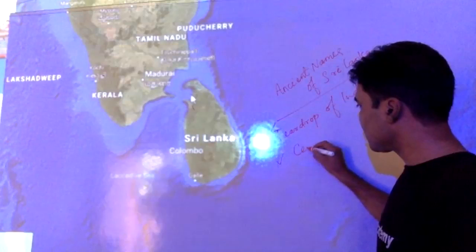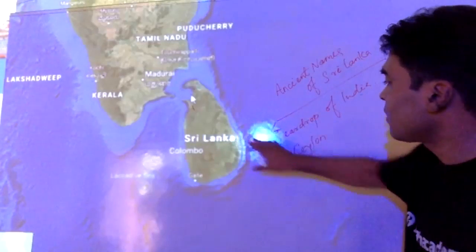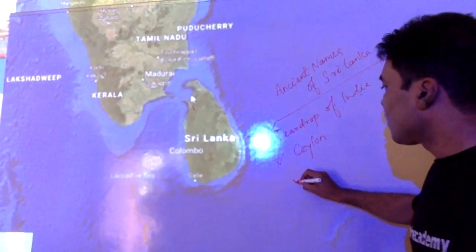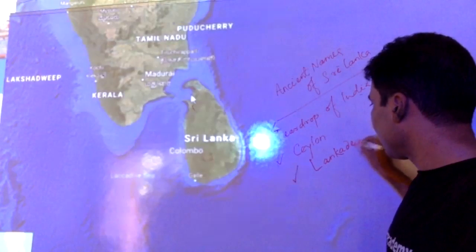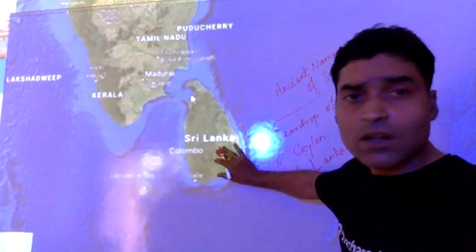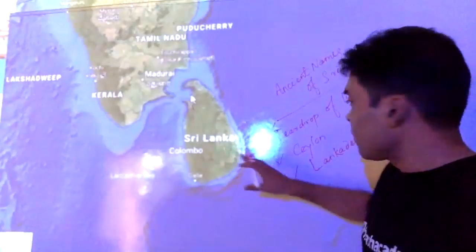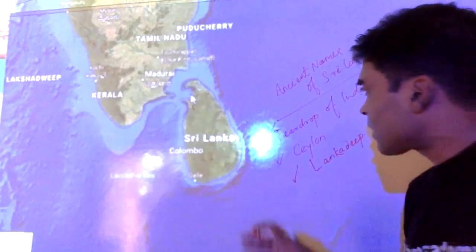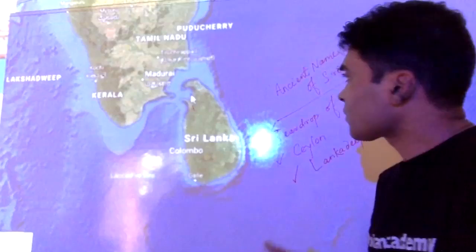We also say Ceylon. Actually, after the British colonized Sri Lanka, this name was very prominent. And also you can say Lankadweep. So these are the things you have to remember. The other names of Sri Lanka: teardrop of India, looking like a teardrop, Ceylon and Lankadweep. So they may ask you what are the ancient names of Sri Lanka. So these are very useful, right?